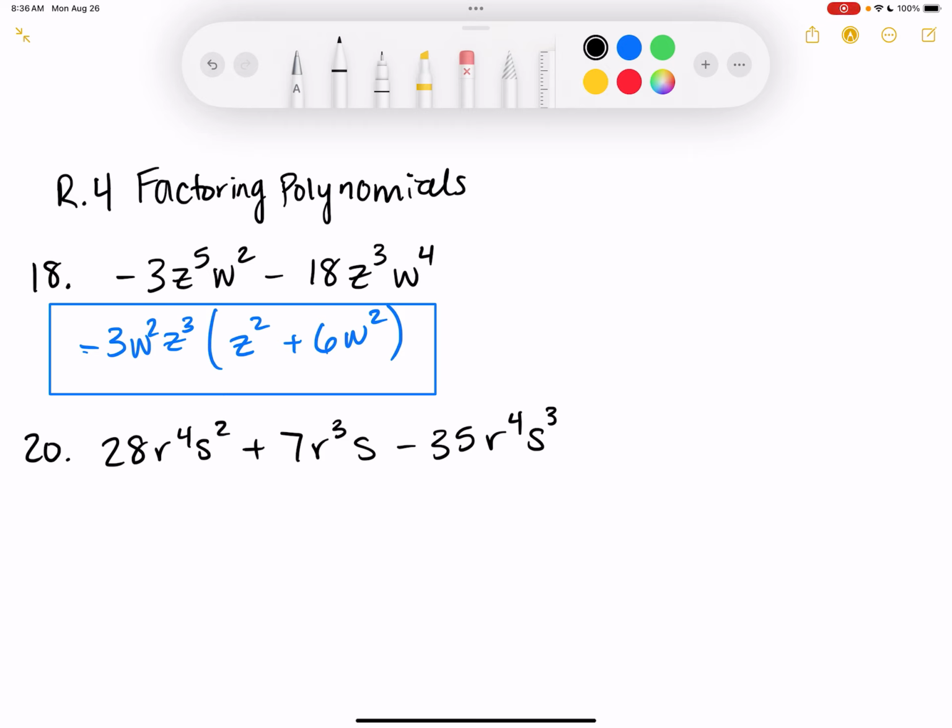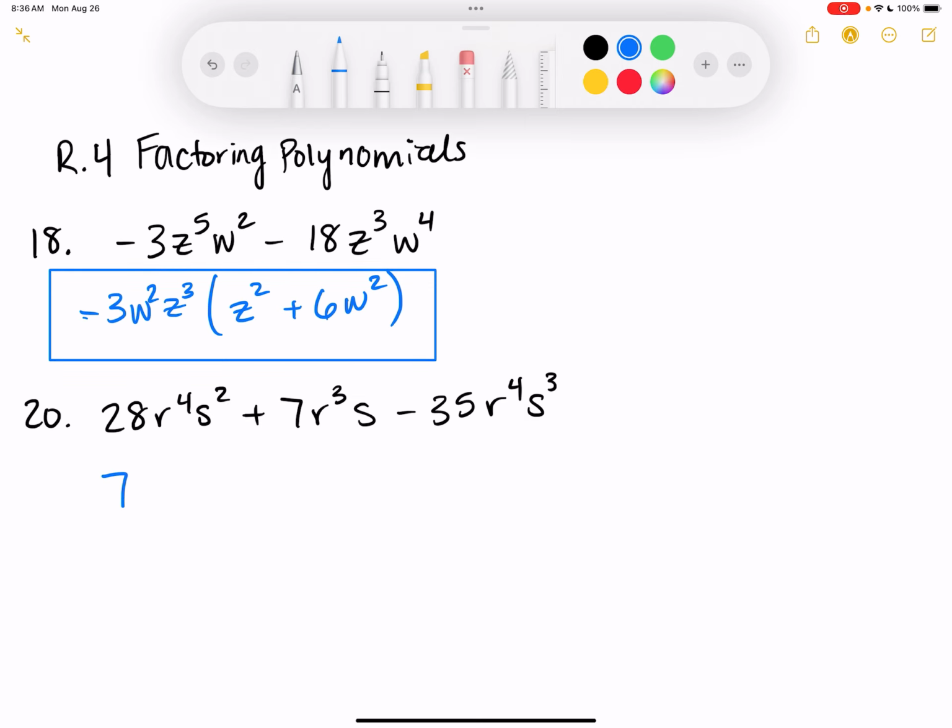So as far as a number, is there any number that I can take out of everything? 7. How about r's? Can I take out any r's? R cubed. And what about s? Just a single s, because this one doesn't have a power on it, so just an s.